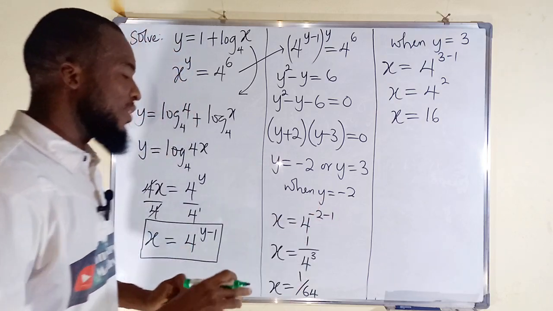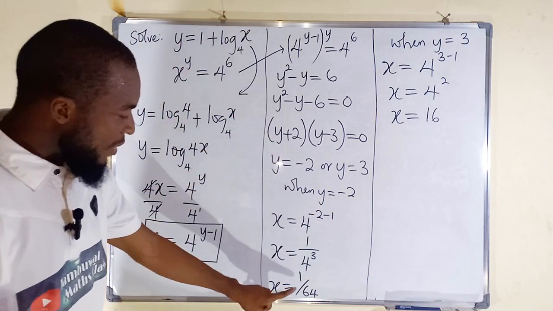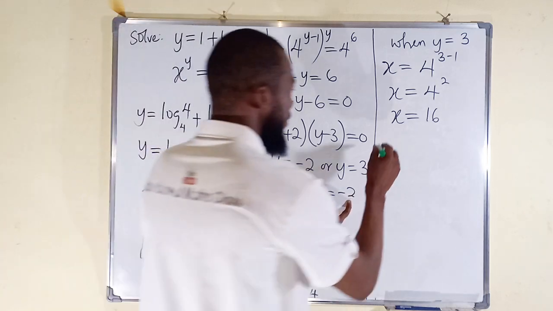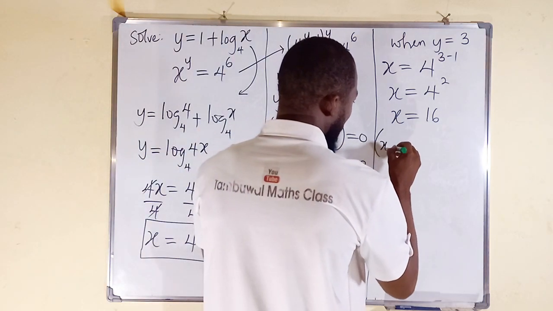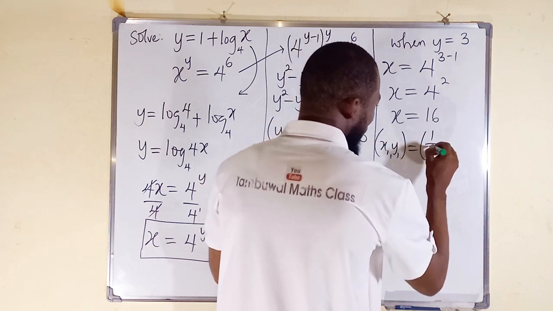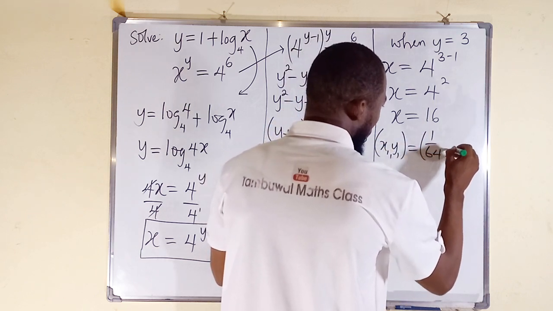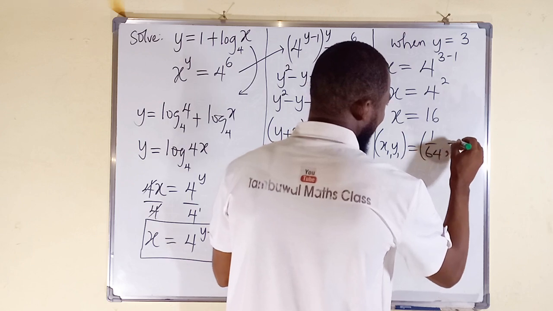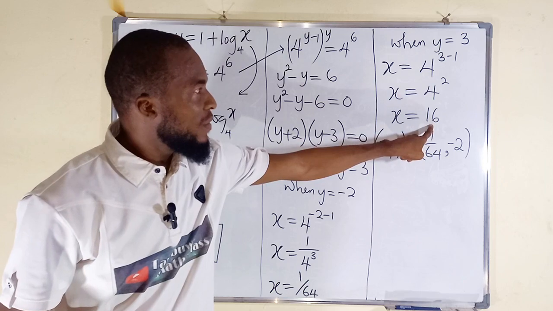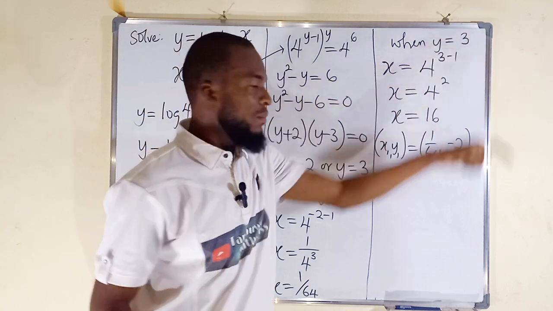So what are the combinations? When x is 1 divided by 64, y will be negative 2. So let me write it here: x1, y1. When x is 1 divided by 64, y is negative 2. And the second combination, when x is 16, y is 3.